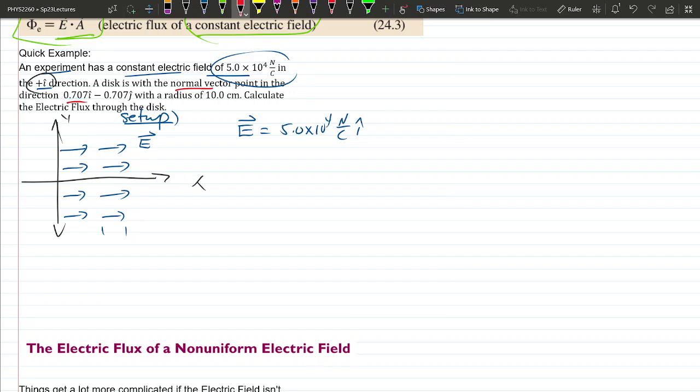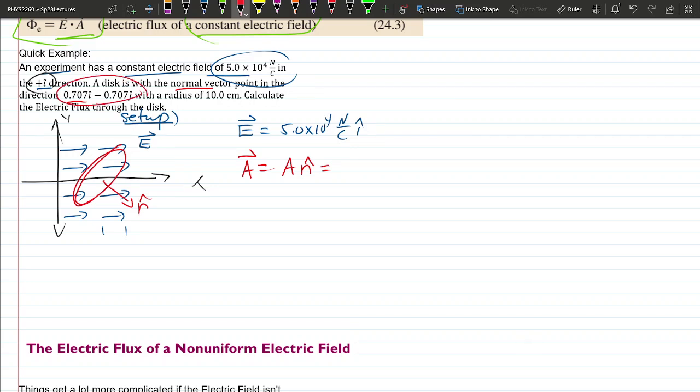So we have some disc that looks like this, where the normal vector is pointed this way. And this area vector is just the area of the disc times that normal vector, and that normal vector is pointed this way.